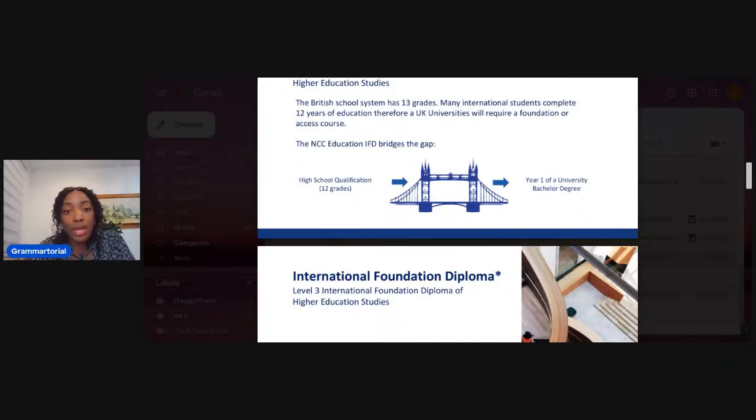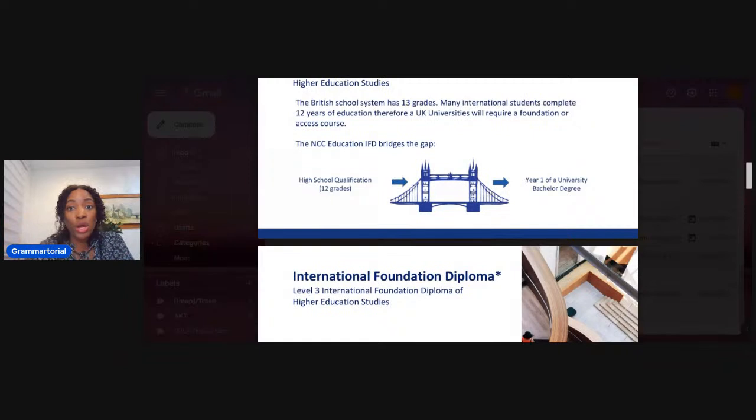Okay, so many people get their study visa denied because irrespective of whether you meet the financial requirements, you have the money in your account, if you cannot prove credibility that you really can undergo the rigors of an undergraduate degree in that particular country, the visa officer is going to deny your visa. So what the IFD does is that it acts as a bridge.